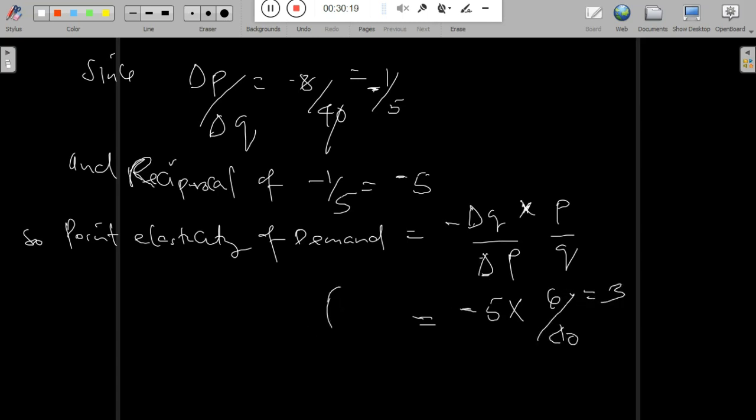So this will be equal to negative 5. So the change of Q over change of P is negative 5.